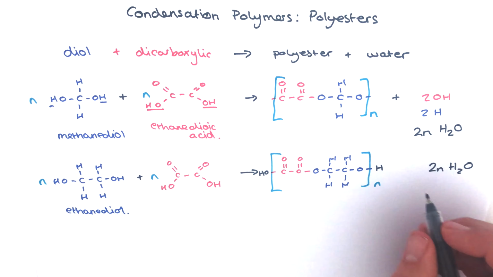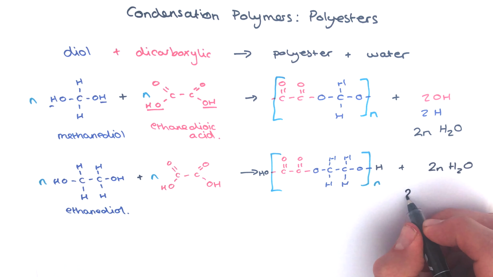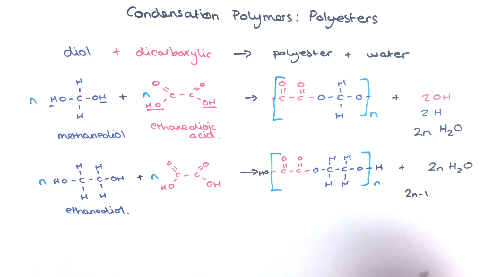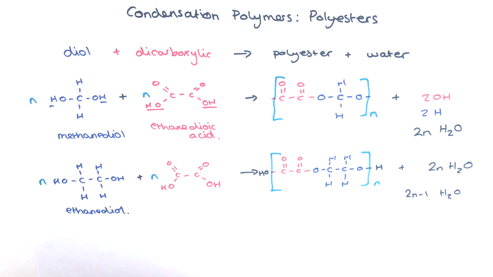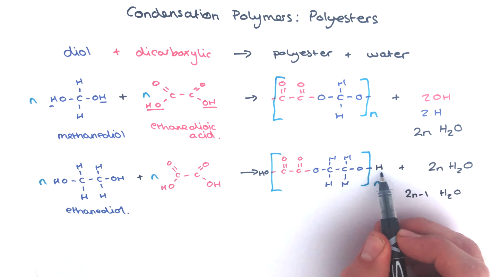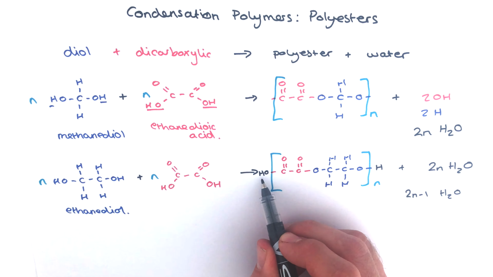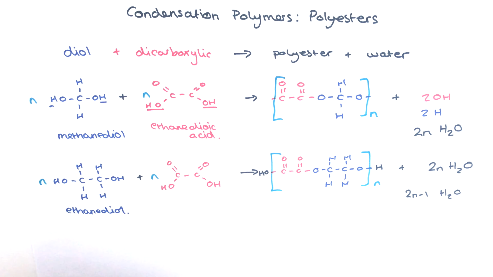So to get the balancing right, what you would actually have is 2n minus 1 water molecules for the balancing. And that's because one of the water molecules, there's one hydrogen there, the other hydrogen here, so that's H2, and the other oxygen is there. That would finish off the polyester chain normally.